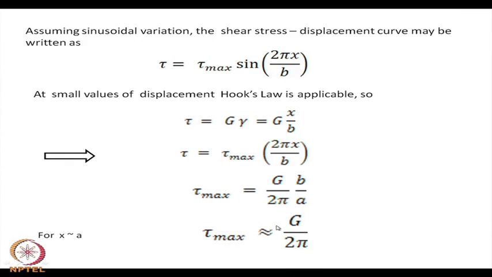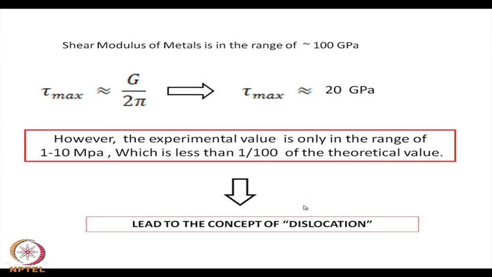So, if we know the shear modulus, then you can find out the maximum shear stress needed for the deformation to take place. That is a fairly simple calculation, and of course an approximate one; it is not a very accurate calculation, just an order of magnitude calculation.